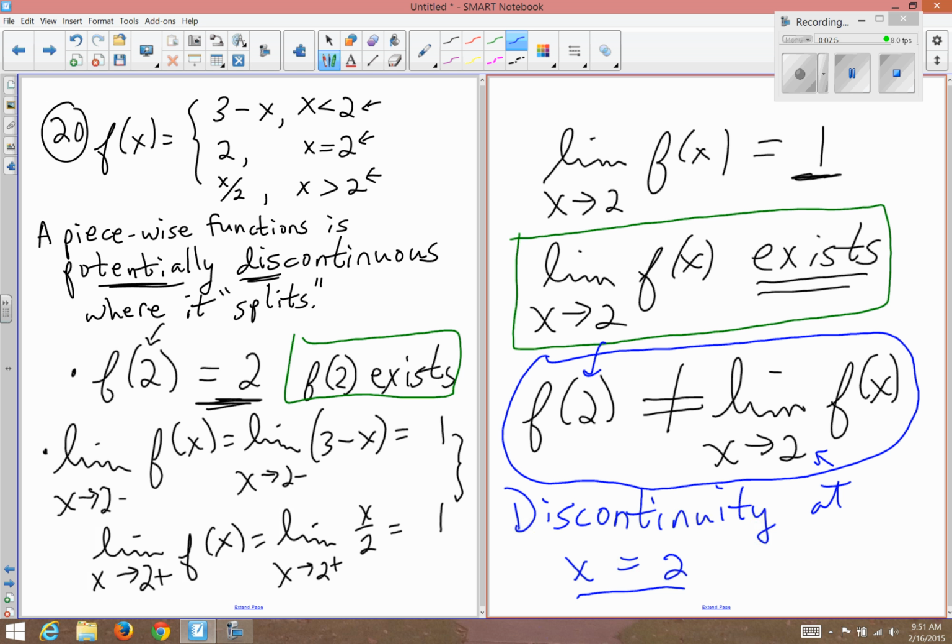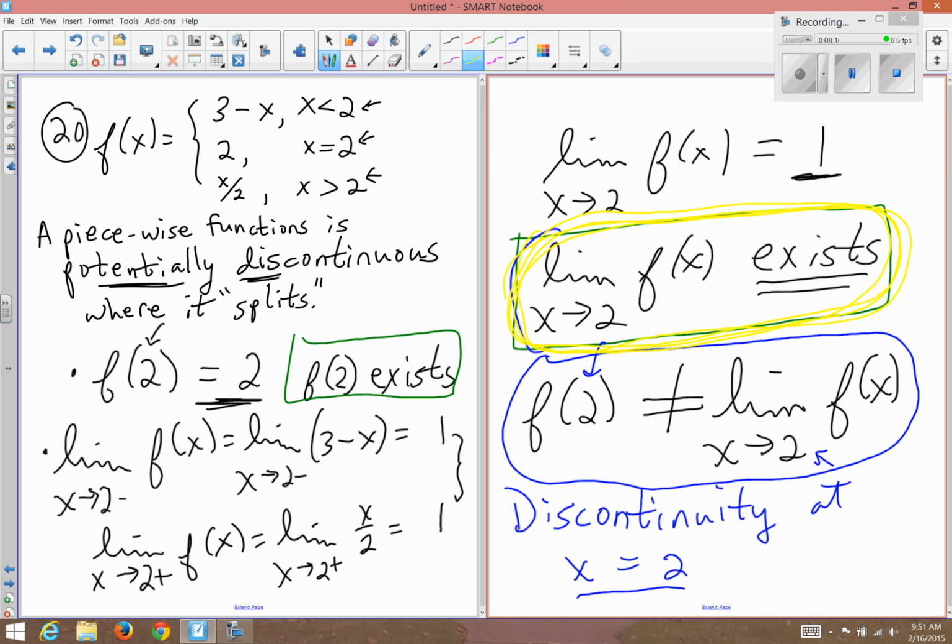If there is discontinuity, it's called removable if, right here in the yellow, the limit of the function as x approaches 2 does exist.